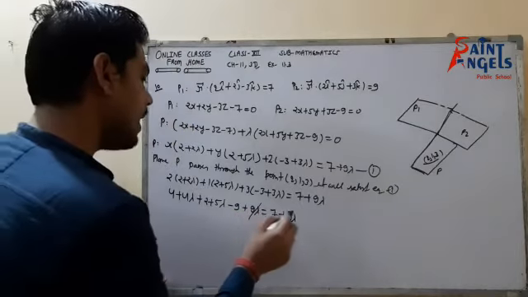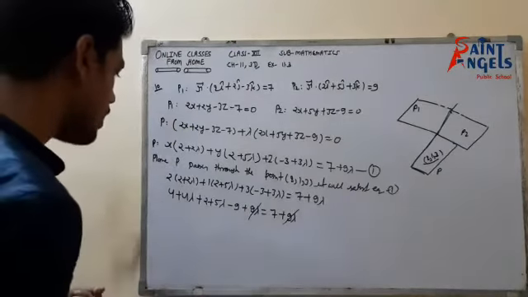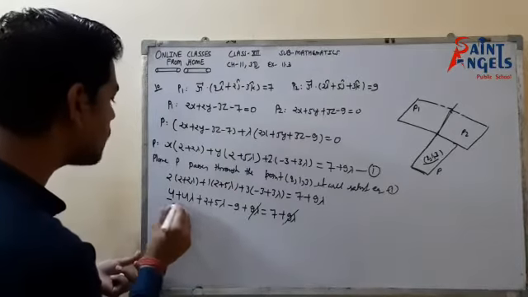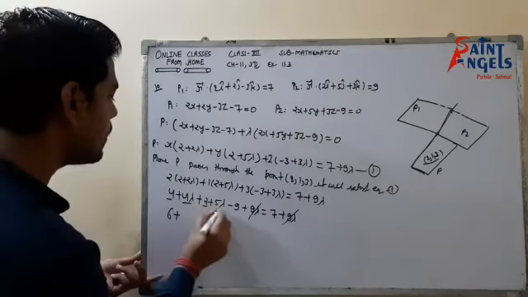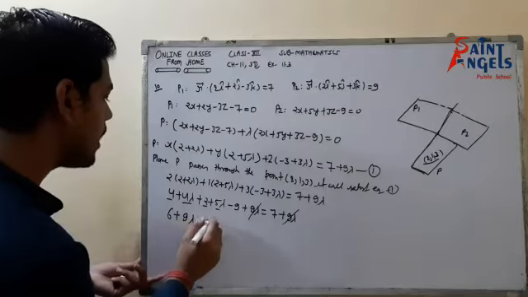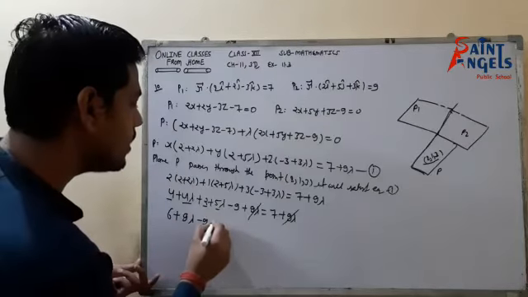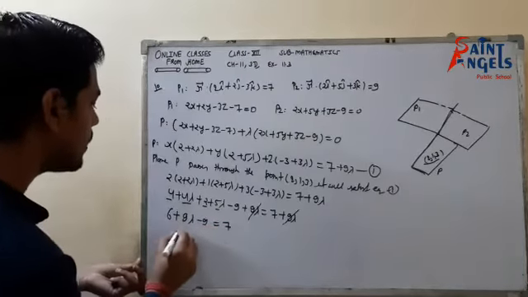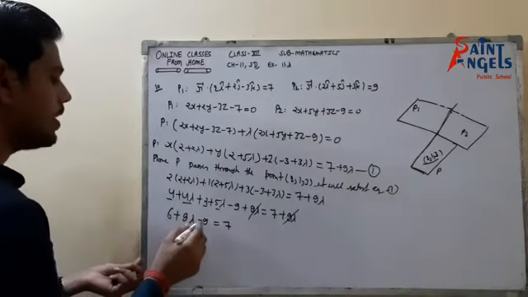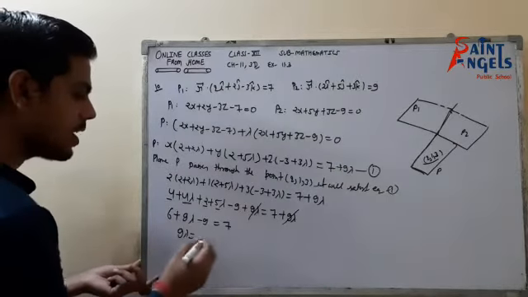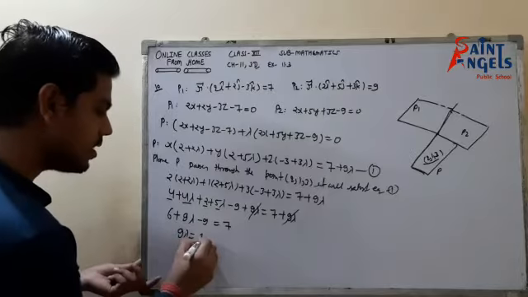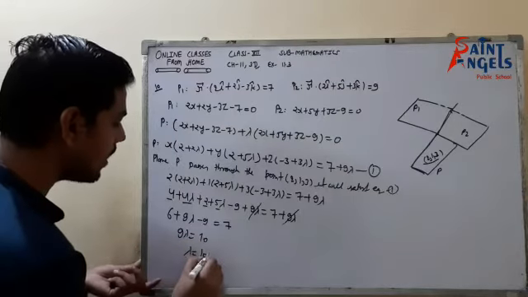So the 9 lambda and 9 lambda will be cancelled out. Now from here we have 4 plus 2 is 6, 5 and 4 is 9 lambda, and minus 9 equals 7. So 9 lambda would be minus 9 plus 6, minus 3, that side plus 3, 7 plus 3 is 10. So lambda would be 10 by 9.